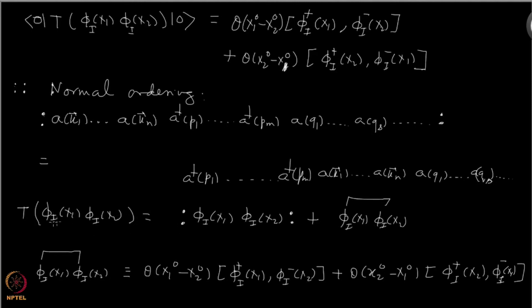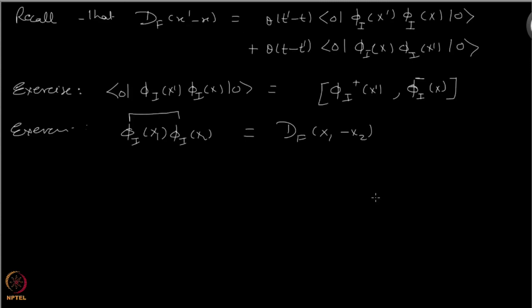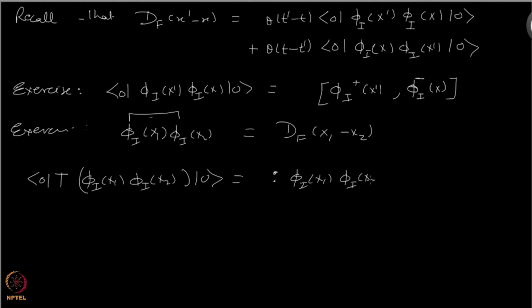With this we conclude that our time ordered product of two fields is just the normal ordered product of these two fields and a contraction, right? Let me write it. We have proved that this is just normal ordered phi(x1) phi(x2) plus the Feynman propagator D_F(x1 minus x2).